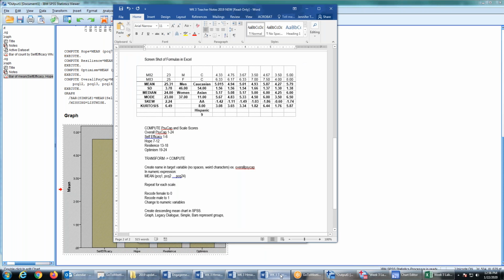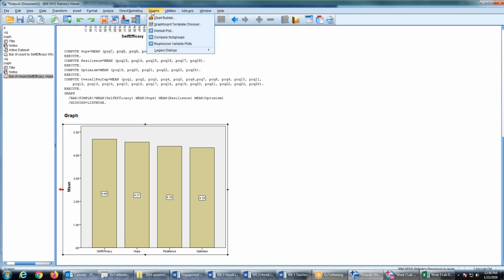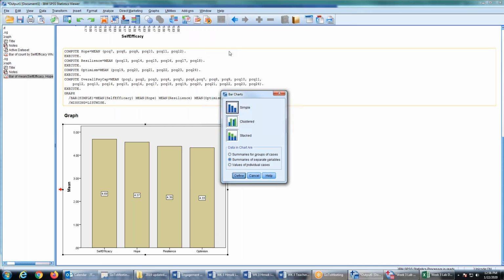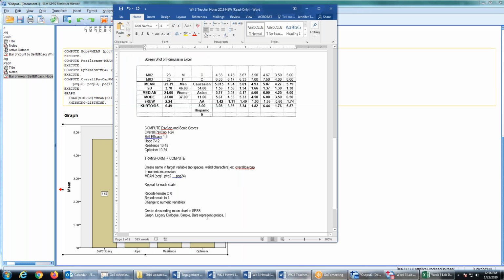Let me just put this in the teacher notes. So we went graph, legacy dialog, bar, simple, summaries of separate variables. Bars represent, move over the subdimensions of SciCap, make sure the statistic selected is mean.